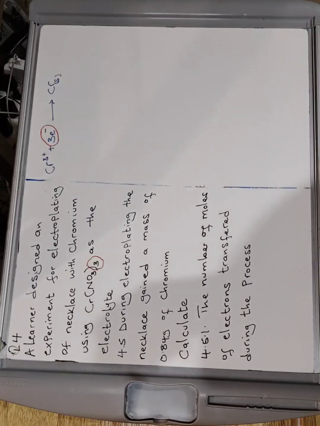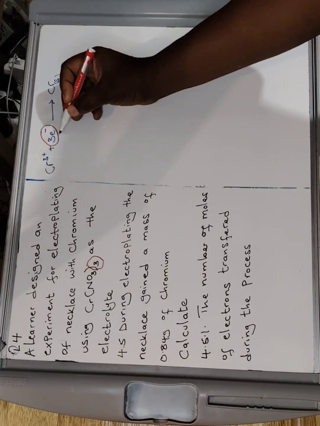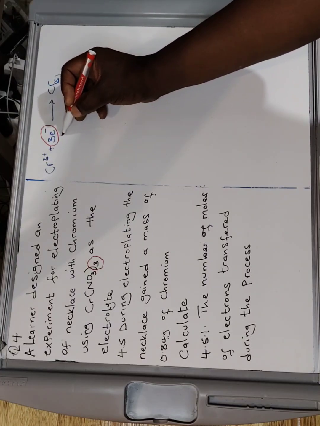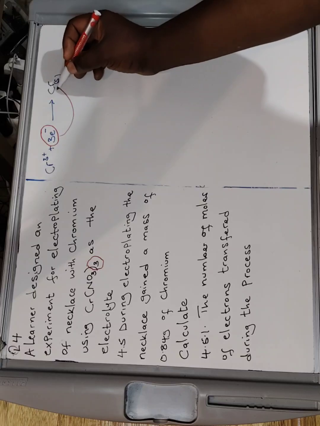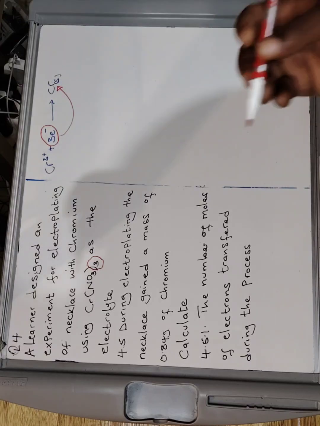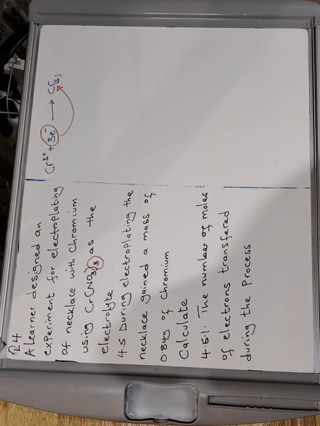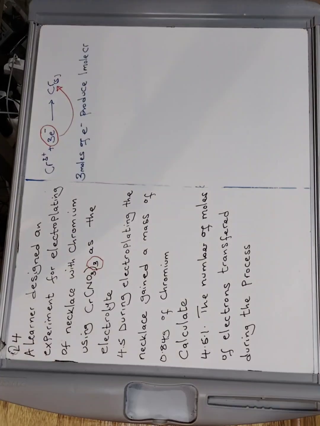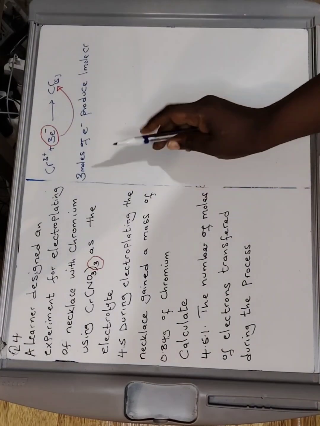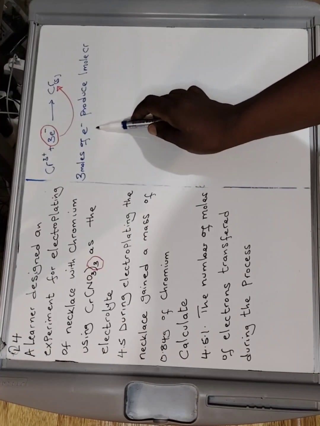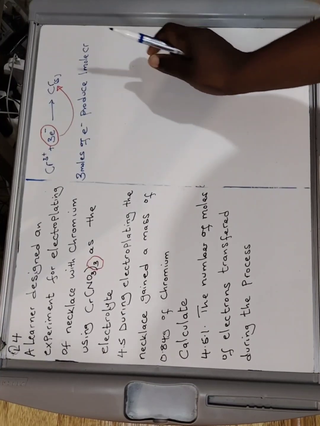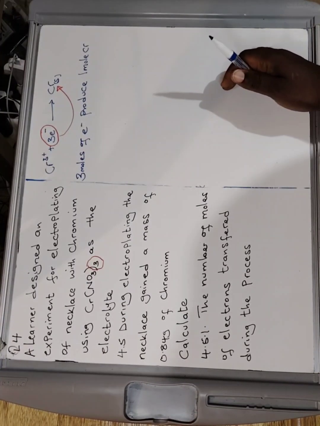Those are 3 moles. So what does this mean? That 3 moles of electrons liberate 1 mole of chromium metal. Let us put that in writing. So 3 moles of electrons produce 1 mole of chromium.